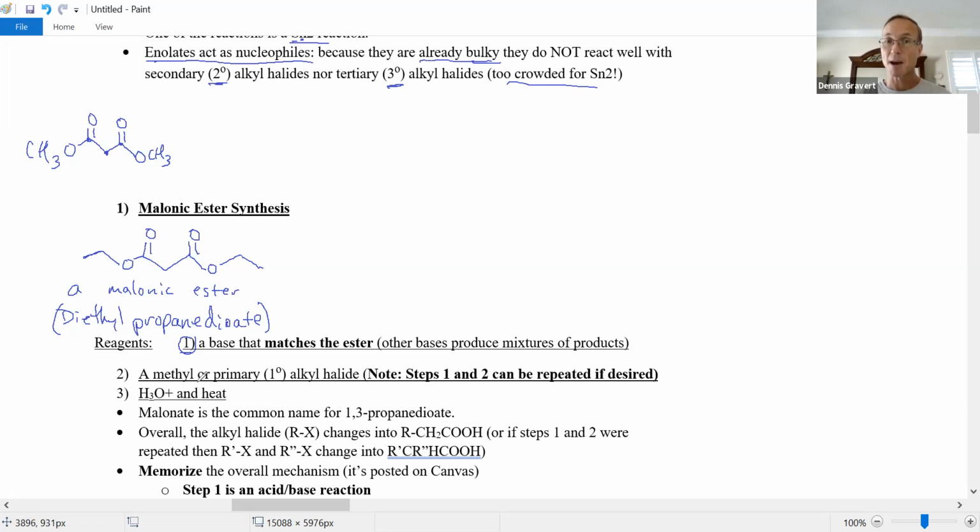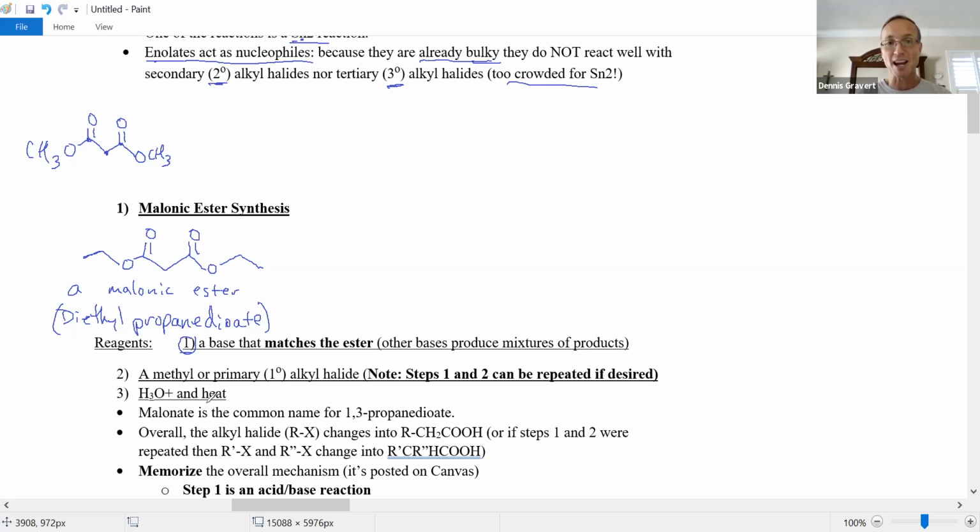So you add a methyl or a primary halide. Can't use secondary, definitely can't use tertiary because we're doing the Sn2 reaction. Third, we're going to add some hydronium ion, dilute acid. That's going to cause hydrolysis of esters. We saw that in our last unit, Unit 3.